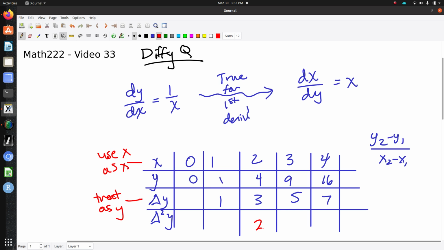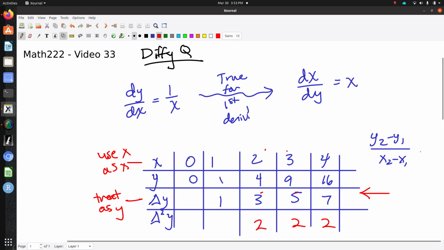So then I'm just going to do something like this. I'm going to get change, 5 minus 3 divided by 3 minus 2. But since your denominator is going to be from that original relationship, then the idea of flipping your derivative only works on the first level because you're using y's and x's in kind of a symmetric way.